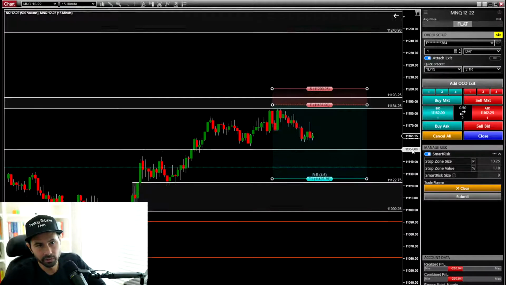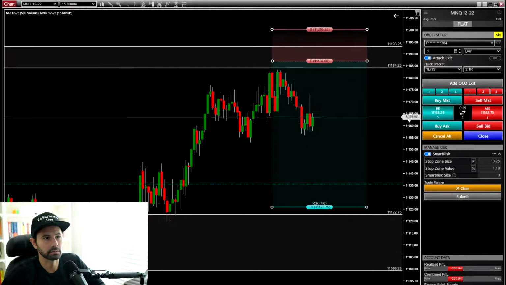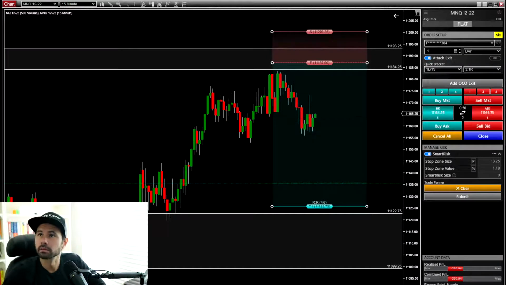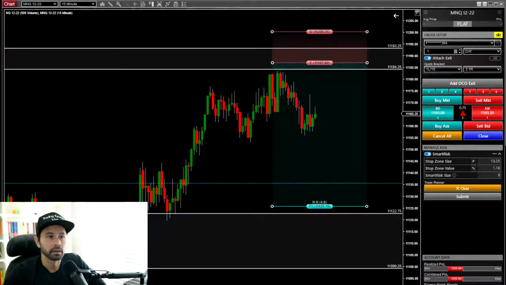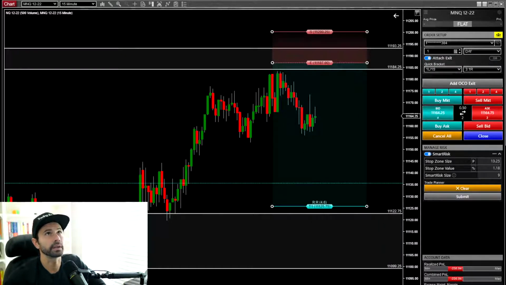So it just tapped. Oh no, it didn't touch it. The short is a riskier trade, but the dollar is in demand and the bond yields are in demand.